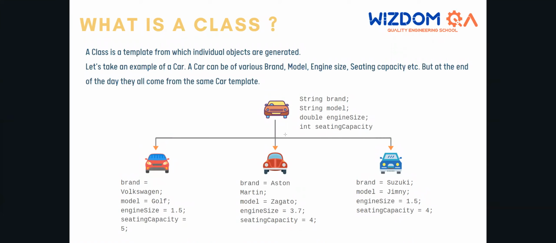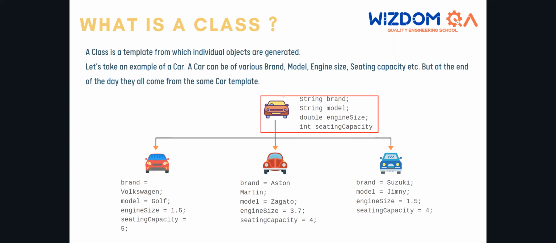For example, this is my main Java template. In this Java template, I am not concerned about storing any data at this stage. All I'm trying to create is basically a model, and that model is going to have certain properties and certain attributes.